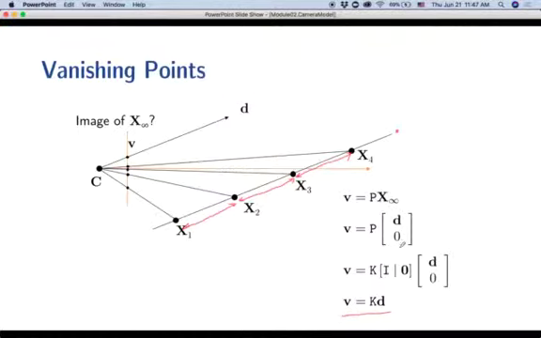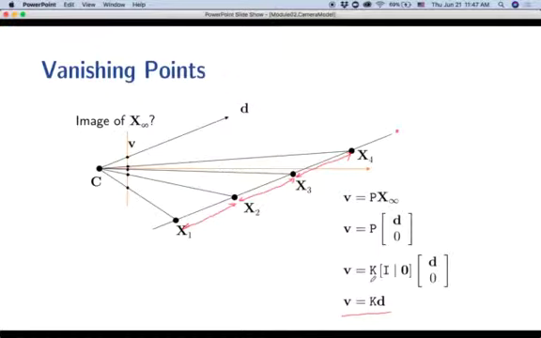Okay, so remember, d is a vector direction in 3-space, but it's a vector measured in the camera canonical coordinate system. That's why I was able to use P equal to K[I|0]. Agreed?